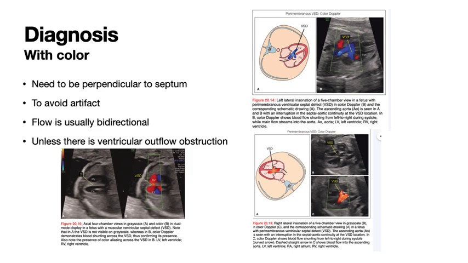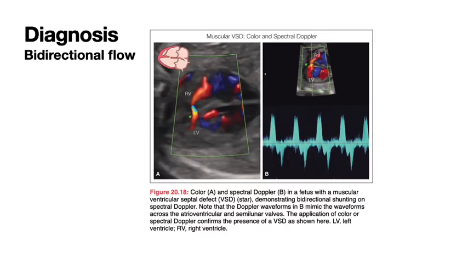The flow in a ventricular septal defect is typically bidirectional. The only times it's not, where it doesn't go back and forth, red, blue, is when you have ventricular outflow obstruction. That makes pressure high in one side all the time, so it tends to be unidirectional. Here's an example. We've got bidirectional flow.